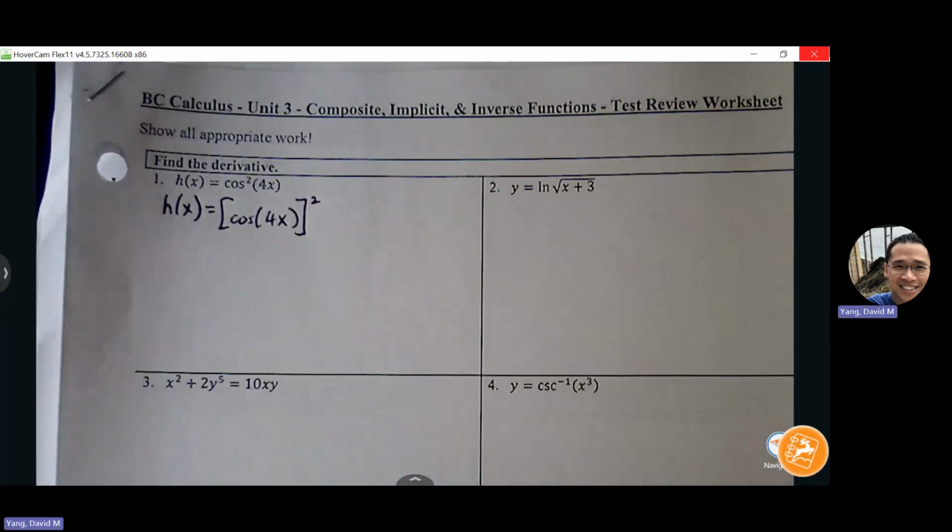I realize that some of these problems I did not provide enough space for, so if that's the case for you, feel free to use a separate sheet to continue working on some of the problems.